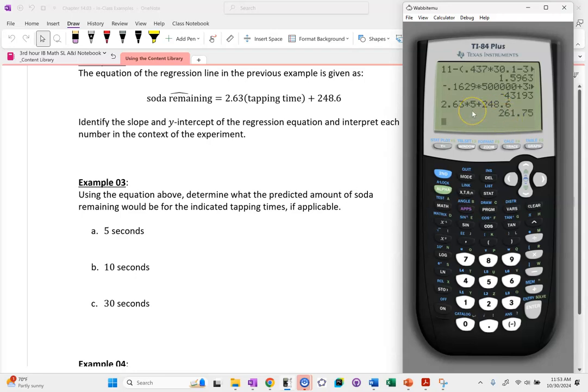Oh, I have the wrong number written down on my sheet then. I was just looking at the wrong problem. Yes, 261.75. I apologize. I was looking at the wrong spot.